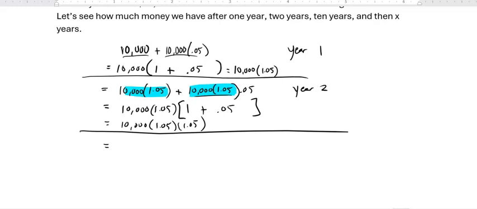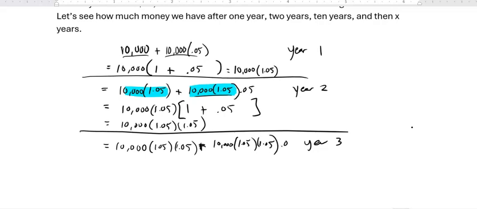So at the end of year 3, I'm going to have the amount I had at the end of year 2, which is this $10,000 times 1.05 times 1.05, plus 5% of that amount. So that's $10,000 times 1.05 times 1.05 times 0.05.